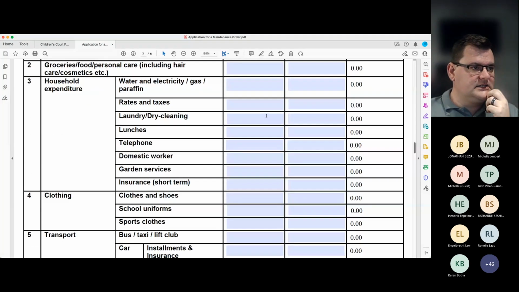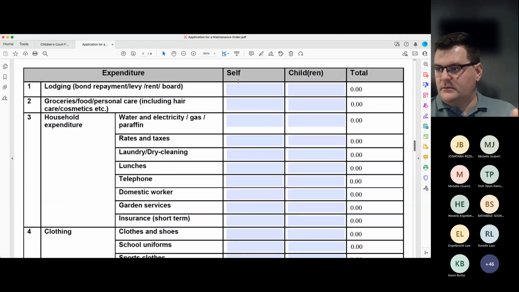You'll see it is divided between self and children. I'm not going to get into the 1/3, 2/3 debate here, but you would generally say this amount is for myself, this amount is for my children. In some cases, for example, lodging, that is an expense which affects both the children and the party.